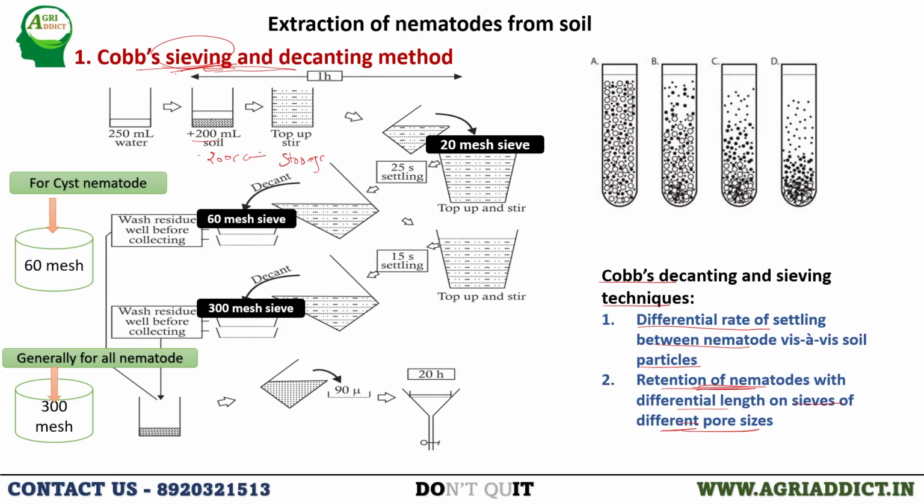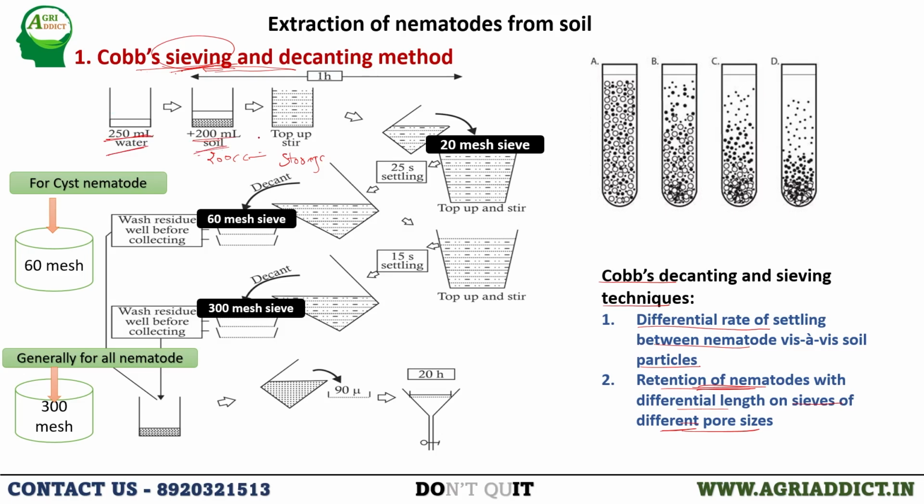This soil sample needs to be taken in a metallic pan or metallic container, and you pour 1 liter of water, or it may depend on the quantity of soil you are using. Consider you are pouring 250 ml of water to the 200 ml of soil.